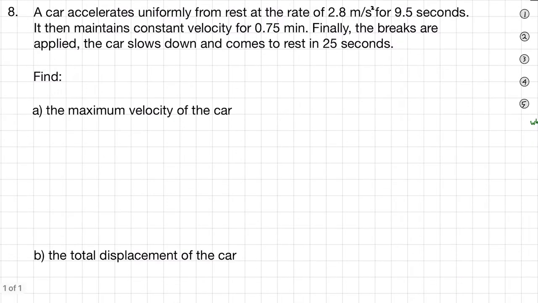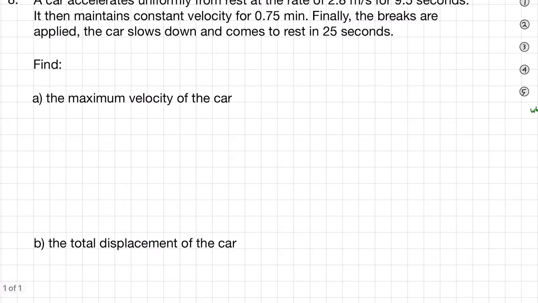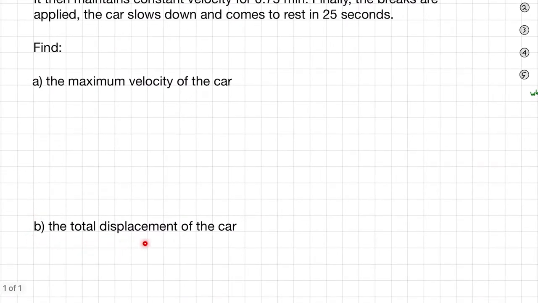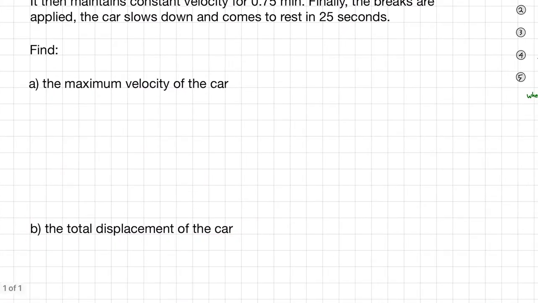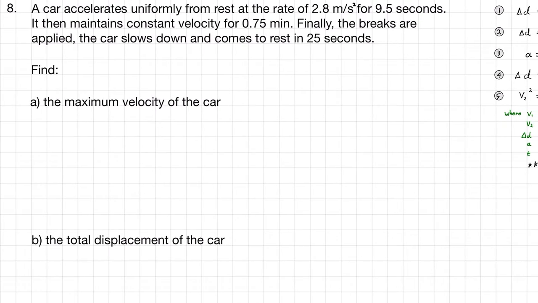And we are asked here to find in part A, the maximum velocity of the car, and in part B, the total displacement of the car. So, the first step with any problem like this is we want to visualize what's happening.